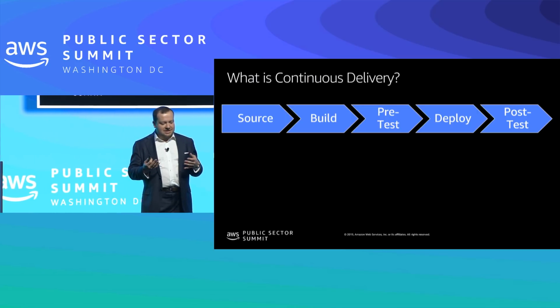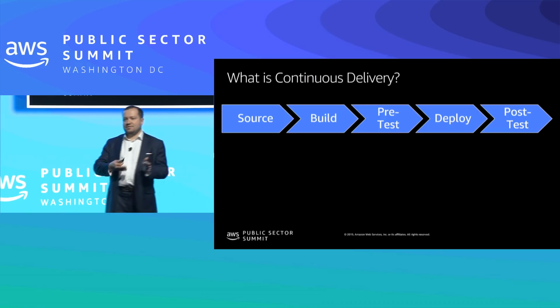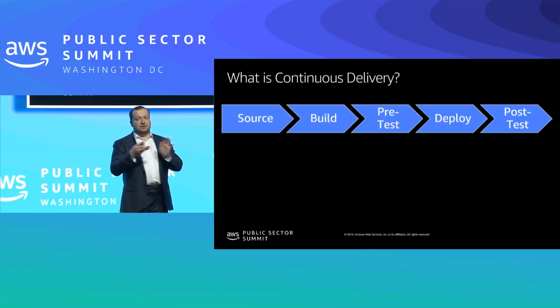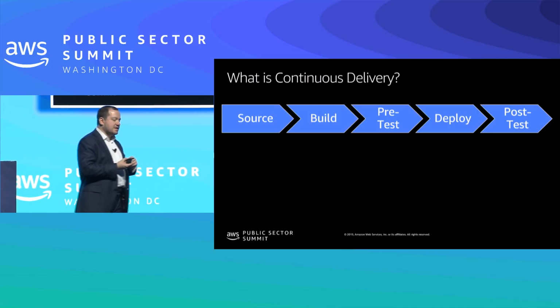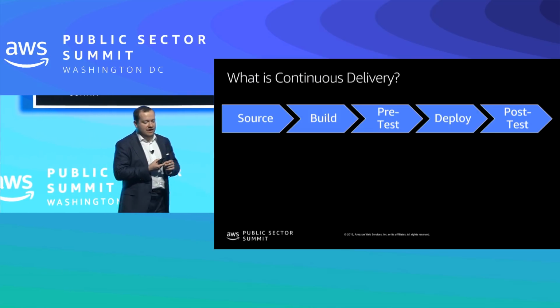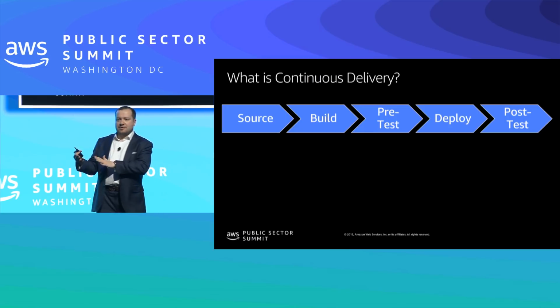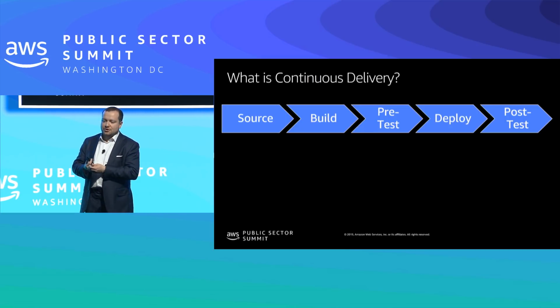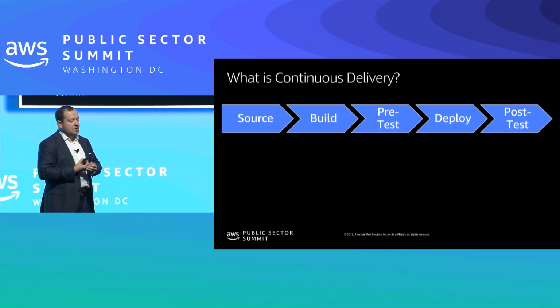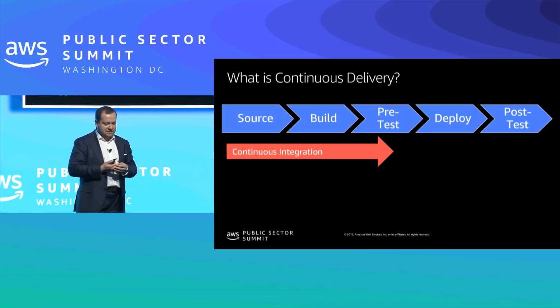And then you've got your pre-test, so that's when you're testing your code, and then you deploy your code to staging environments, to integration testing environments, ultimately to production environments. And then after your code's up and running, you've got the post-test stage. That's when you make sure your app is running according to your specifications.